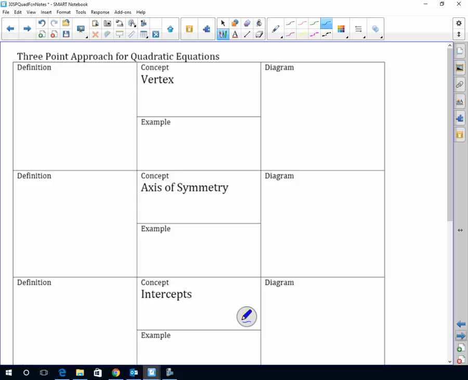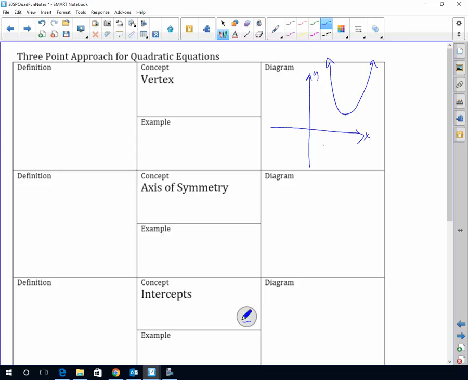Okay, so vertex, let's draw a diagram. So we could draw, here's your x and y axis. You can have a parabola anywhere, right? And what is our vertex? Our vertex is either the minimum, or if you draw it over here, you could have, say, a maximum over here.